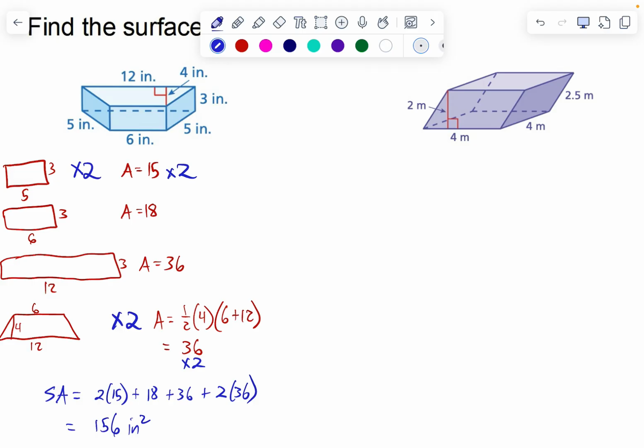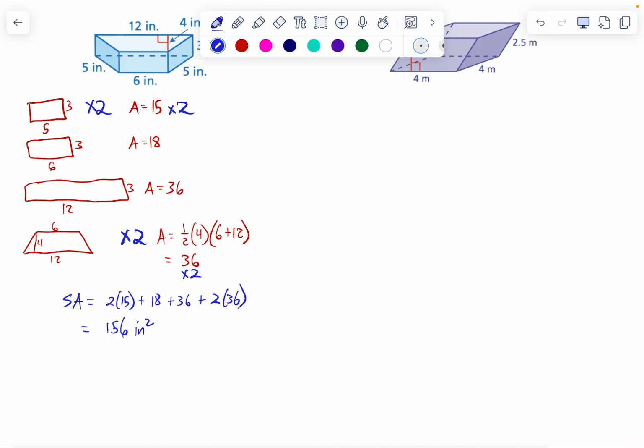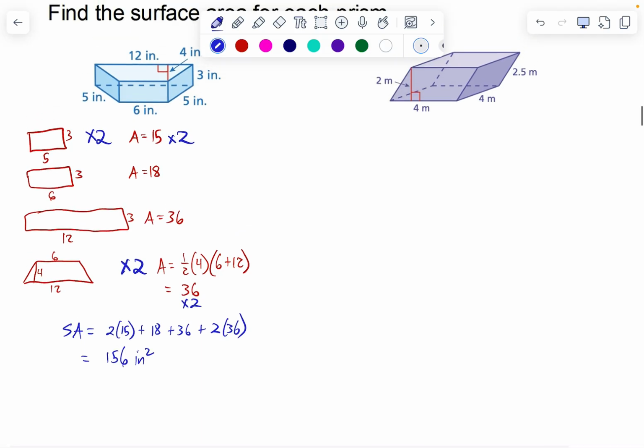All right, let's go ahead and check in. Here are your faces. You have two of these 3 by 5 ones on the side. You have one 3 by 6 in the front. One on the back that's 3 by 12, and then the two trapezoidal faces, which are the bases.